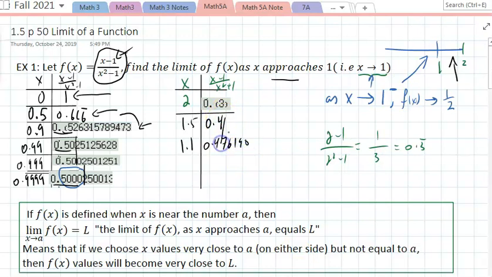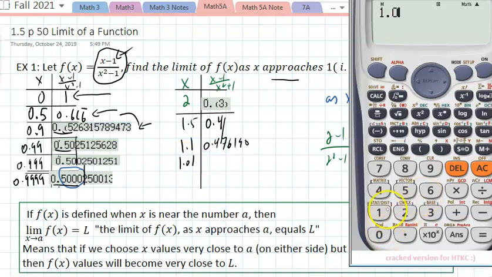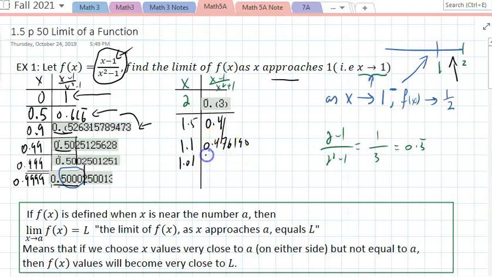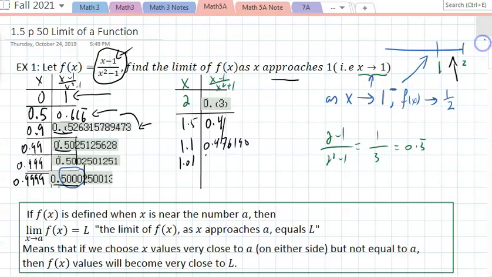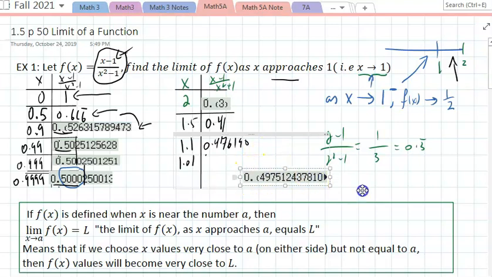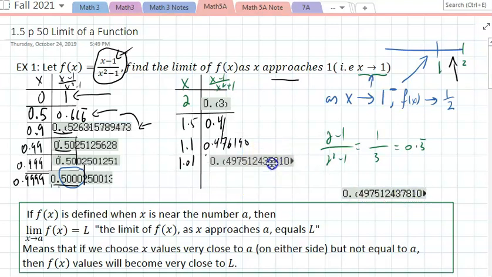Well, it's leveling off a bit. That's good. How about 1.01? Evaluate it. 0.4975. How about 1.001?